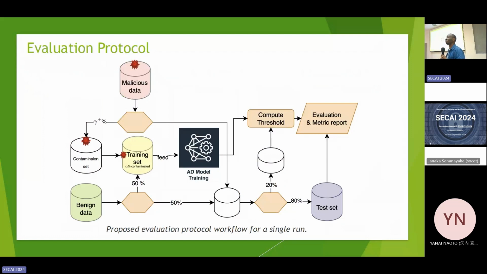But here we are sure that those representations are really related to attacks, and then we inject them into the training set as they are. The training set is expected to contain only benign traffic, but by adding that, we are violating that assumption, and we wanted to see how the model performs in those settings.